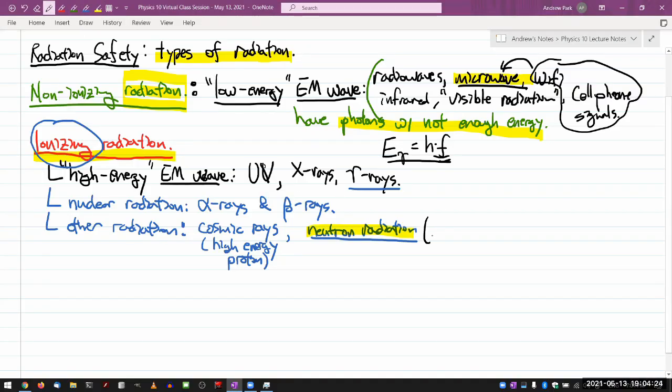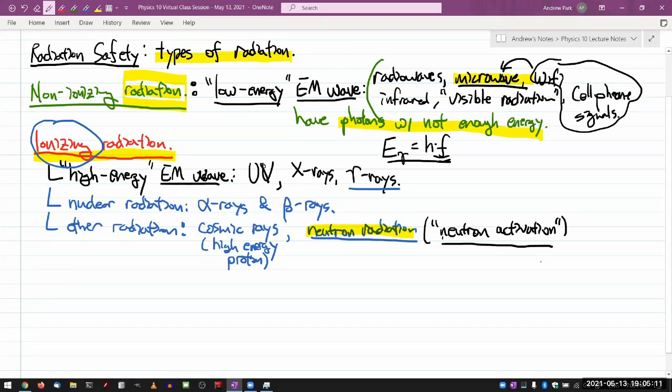If you're looking for a phrase to Google, look up neutron activation. This is one of the rare circumstances where exposure to radiation actually causes something to become radioactive. With alpha, beta, gamma, X-rays and UV rays, exposure doesn't cause things to become radioactive. But neutron radiation can, through the process called neutron activation.